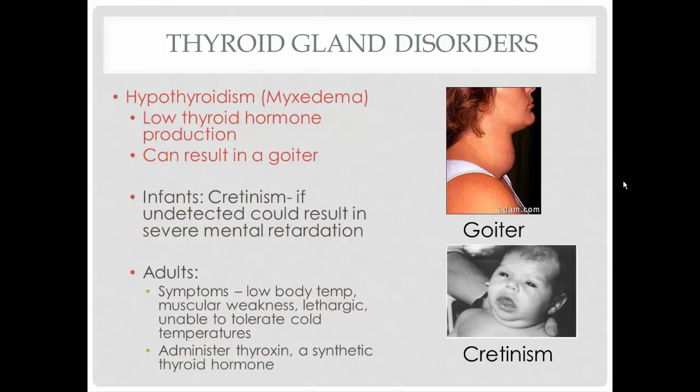But my thyroid gland can't make the hormone. I don't have the iodine. But the thyroid stimulating hormone says, come on, make it. And it causes the thyroid gland to enlarge, to increase the amount of tissue of the thyroid gland in an attempt to convince it to make thyroid hormone. It simply can't do it, though, and so you end up with this swollen thyroid gland or a goiter.